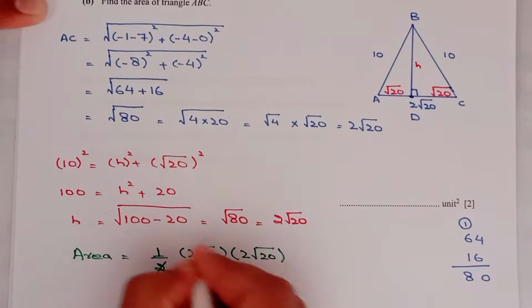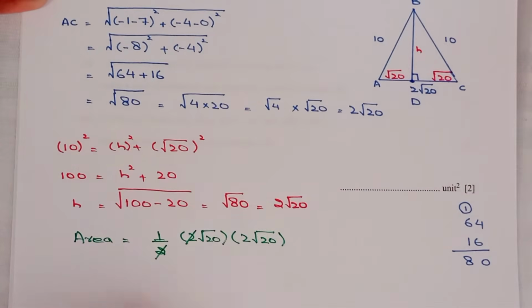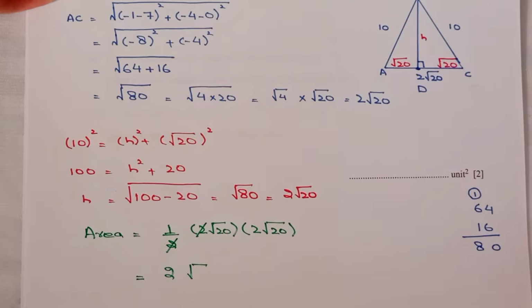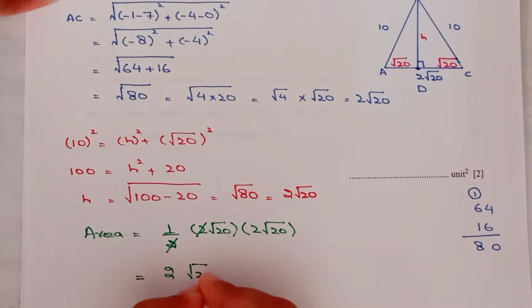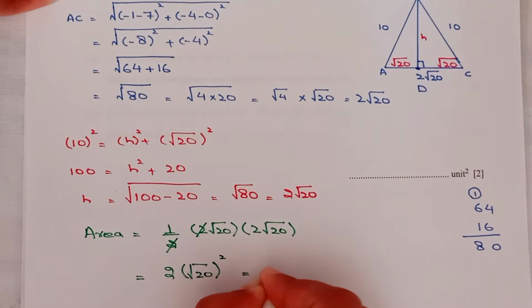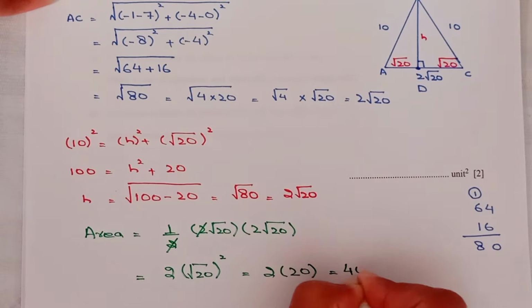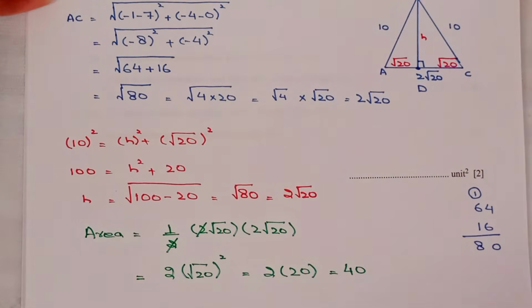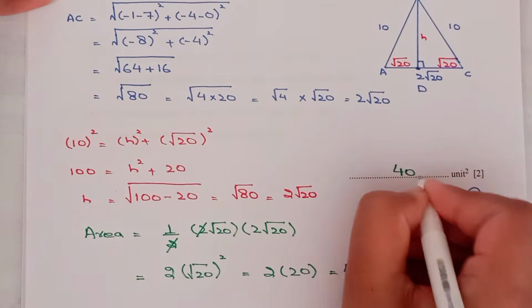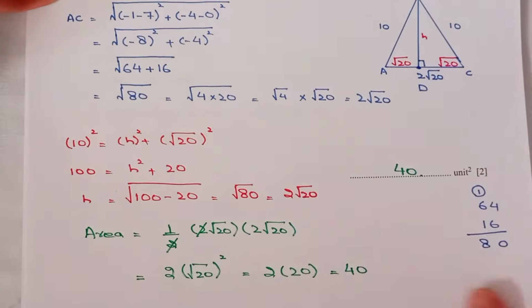So we can cancel 2 with 2 and we are left with 2, and we have the square root of 20 whole squared. So we have 2 and 20, and 2 times 20 is 40. So the area of triangle ABC is 40 square units.